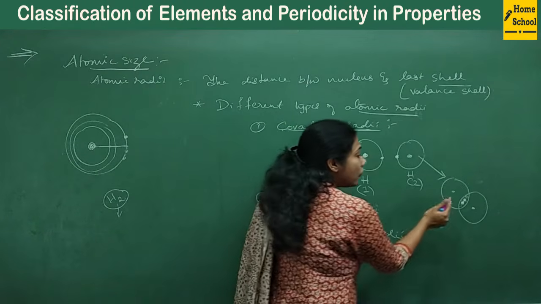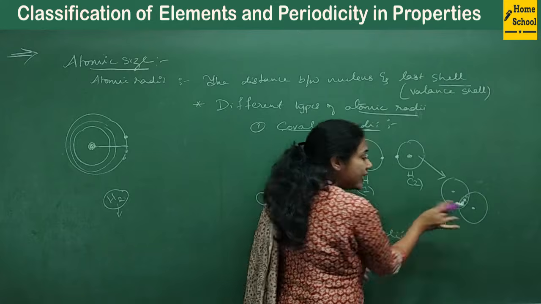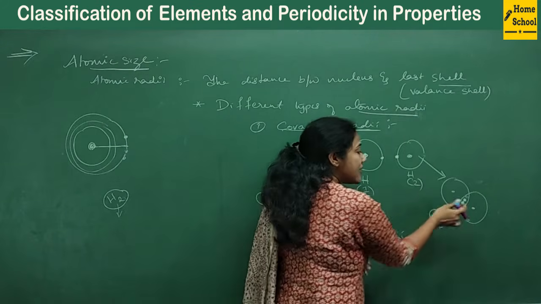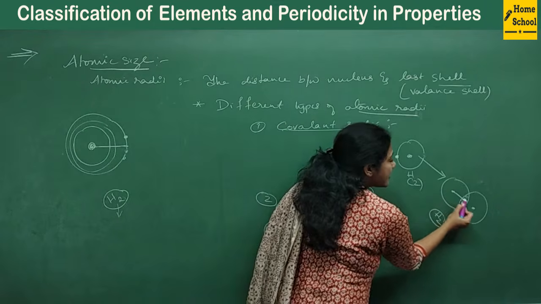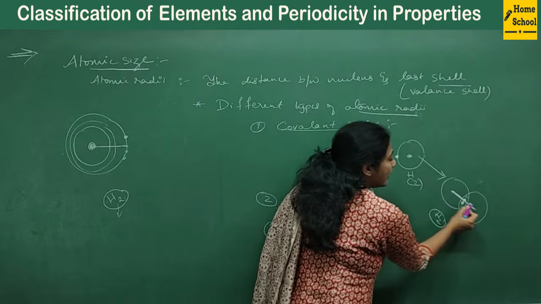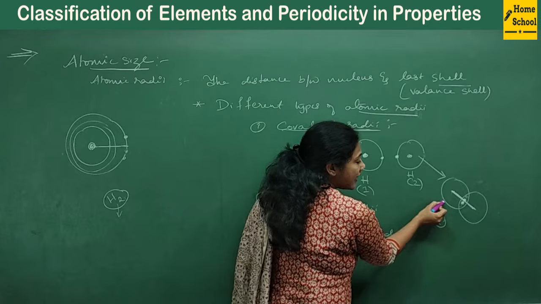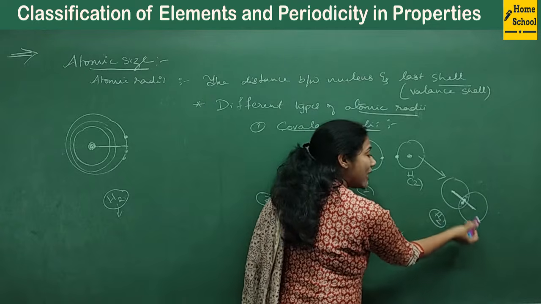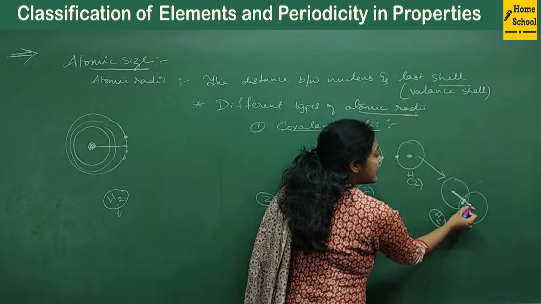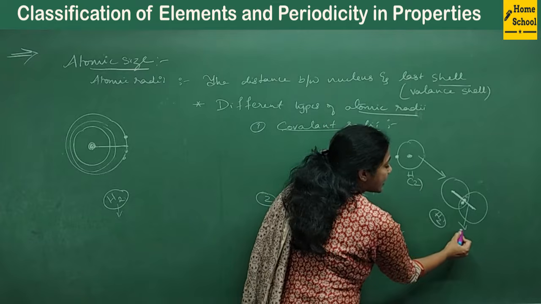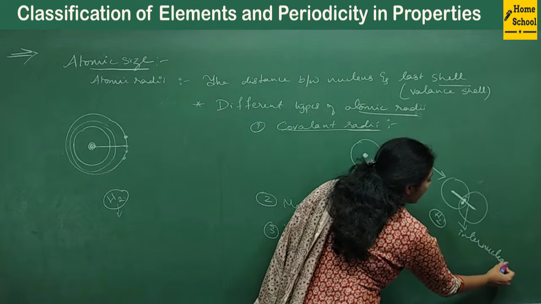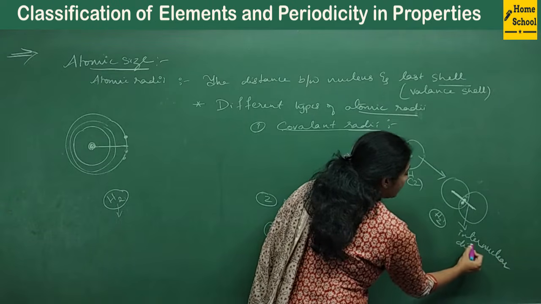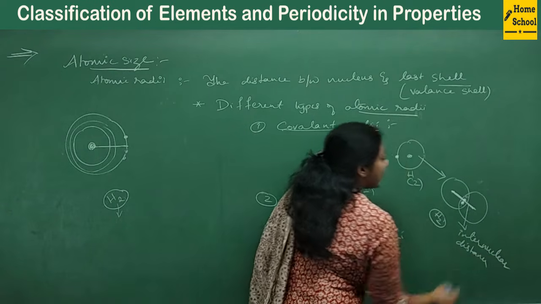Once they are covalently bonded with each other, once they have overlapped with each other, you know what? The distance between the nucleus of this hydrogen atom and the nucleus of the other hydrogen atom, this distance we will call the internuclear distance.